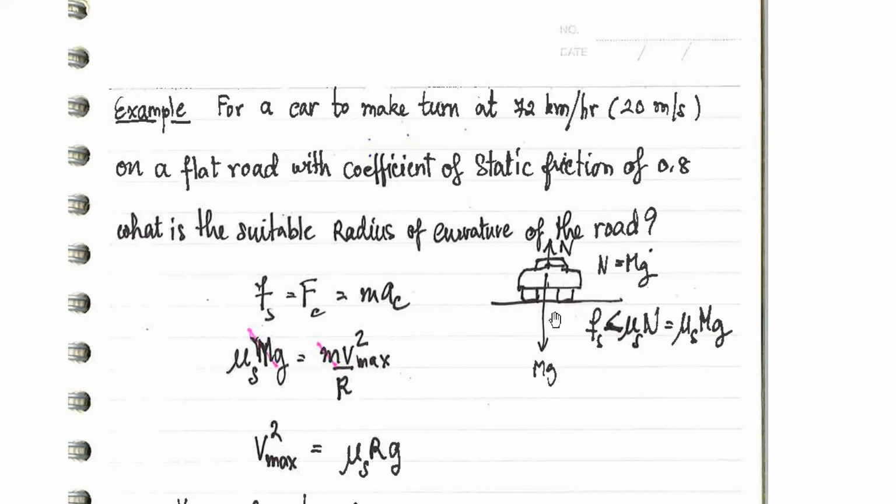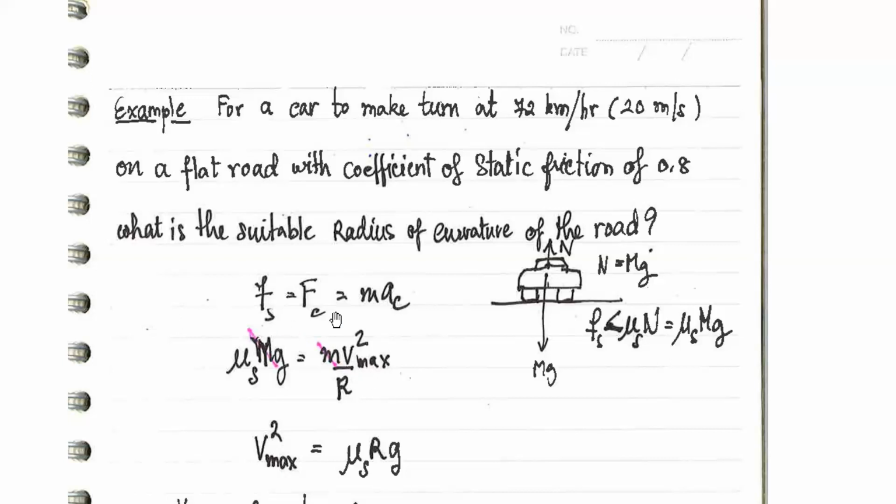So according to this, the static friction is always less than mu s times N, or less than mu s times mg. The maximum speed that the car can travel is when the whole friction force, the maximum value of friction force, is totally the centripetal force.